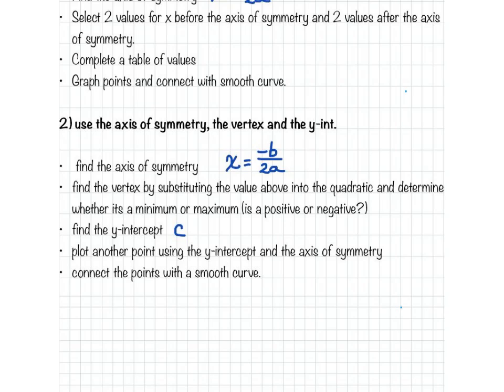Is a positive or negative? Then you will find the y-intercept, c. Then you will use the axis of symmetry to plot another point on the other side of the axis of symmetry from the y-intercept. And then lastly, you'll connect the points with a smooth curve.